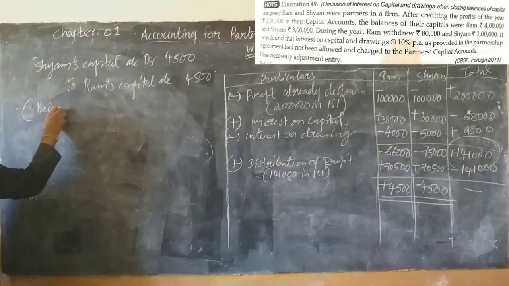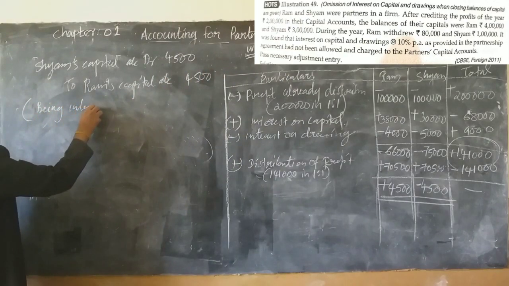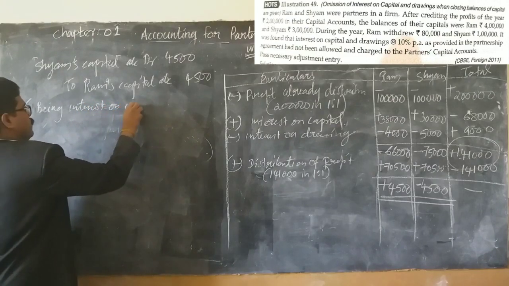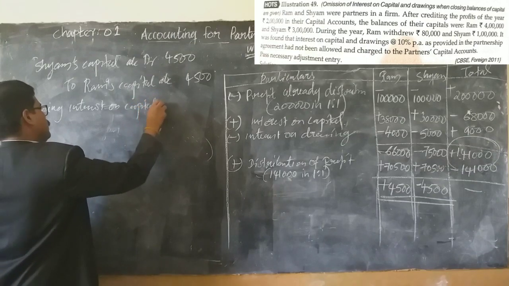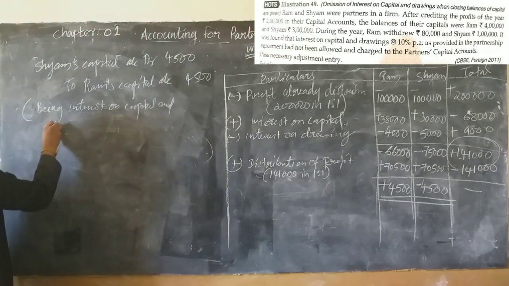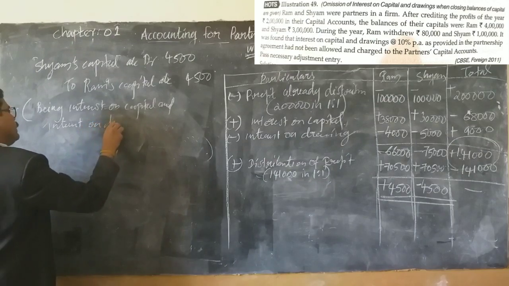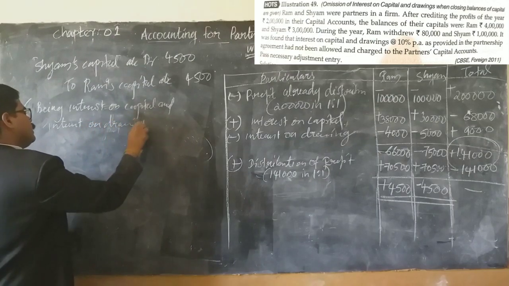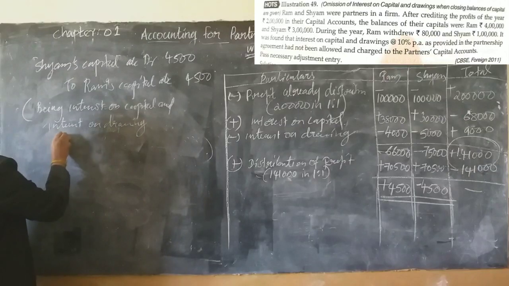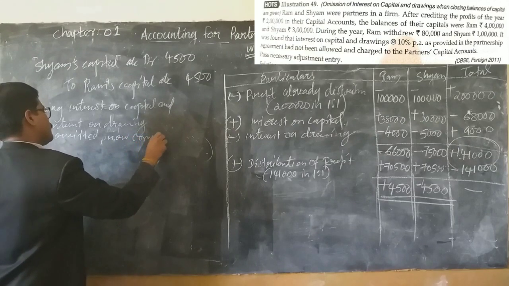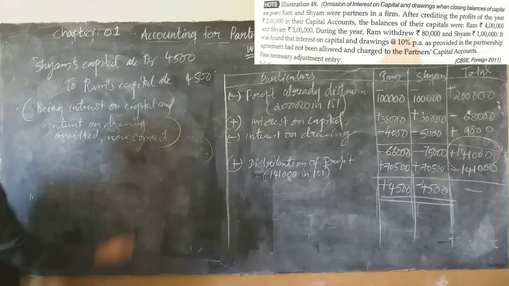Being interest on capital and interest on drawing omitted, now corrected, or now adjusted. Okay, so this is the narration.